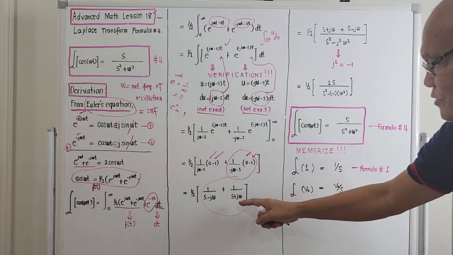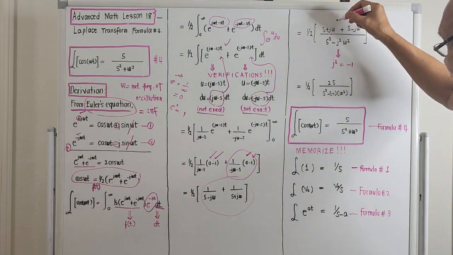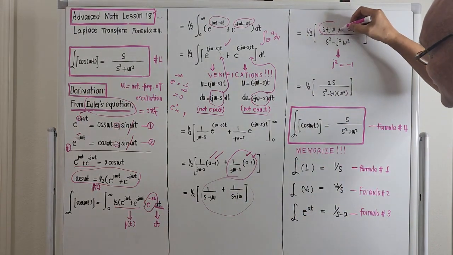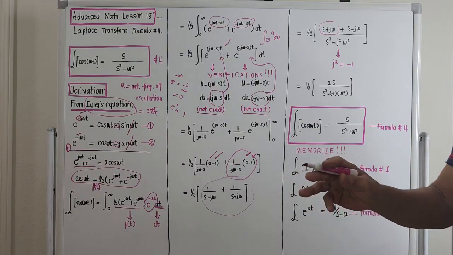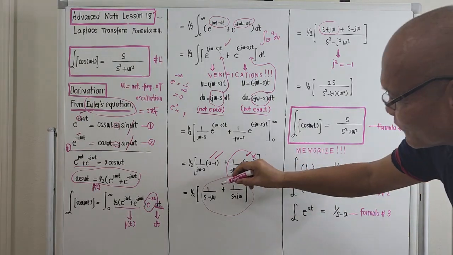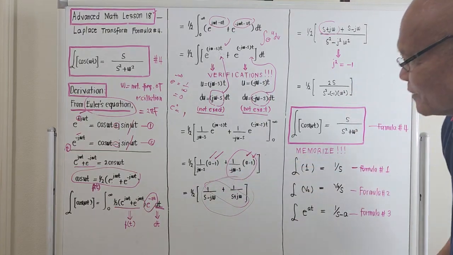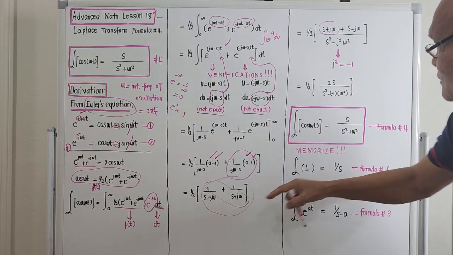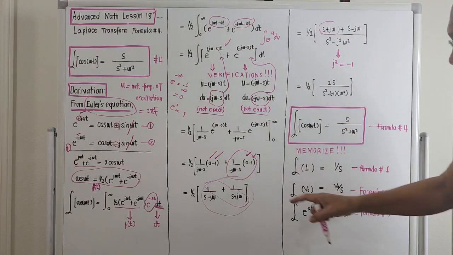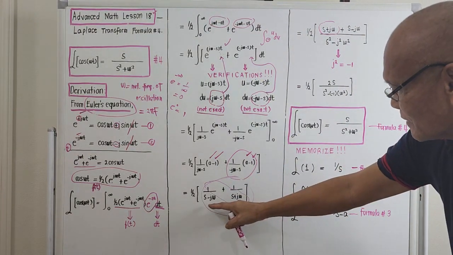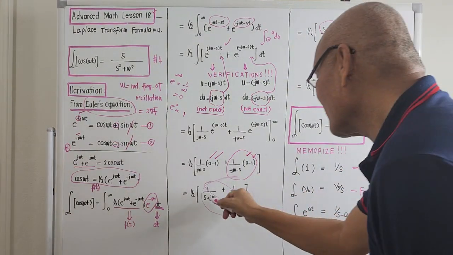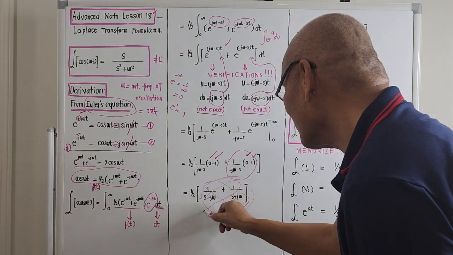So 1 times s plus j omega will be this. We call this the butterfly method. 1 times s plus j omega is s plus j omega, and 1 times s minus j omega, that's why you call this the butterfly method, right?